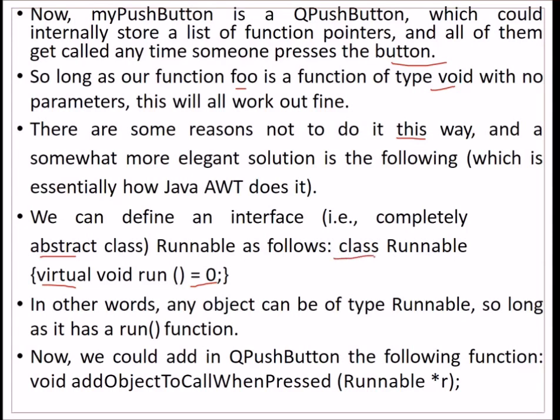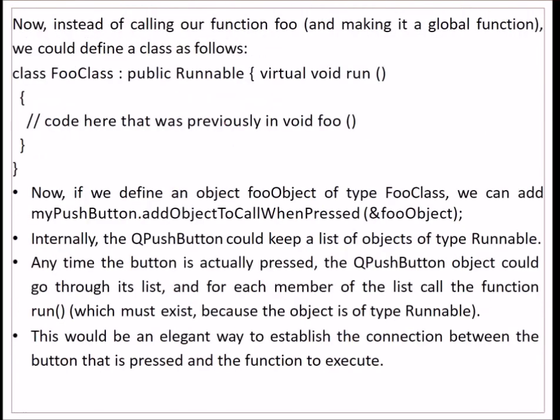We call it class Runnable. Inside this we just place a line: virtual void run equals 0. So any object can be of type Runnable so long as it has a run function. Now we could add in this QPushButton the following function, taking a pointer to a Runnable.